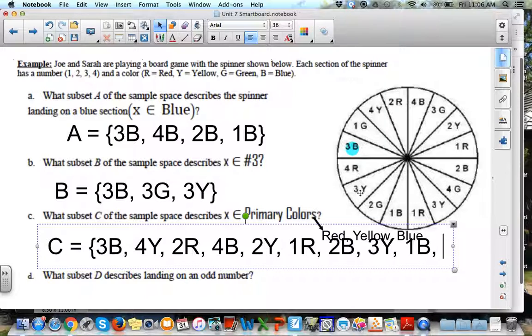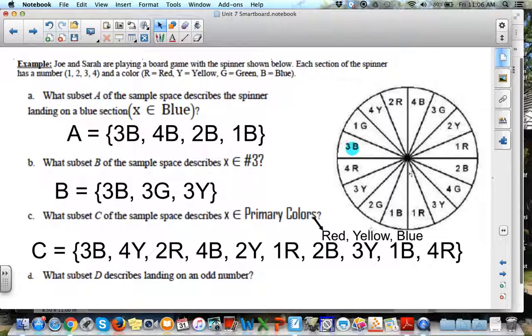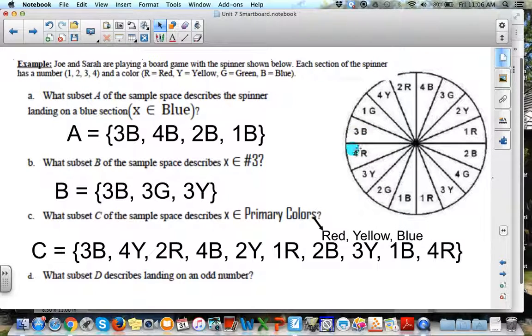We've already listed 3 yellow. We don't need to do that. Have we listed 4 red yet? Nope. So that is going to be our subset of the primary colors. Everything that had red, yellow, or blue.